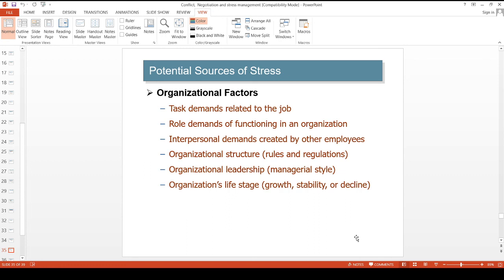So these styles of leadership can also be a potential source of stress. Then organization life stage, that is again very important. If your organization is in the growth stage or the stability stage, there will be less stress. But if the organization is in the decline stage, your sales are declining, your income is declining, of course the stress level will be there, and that will also be reflected in the individual stress.